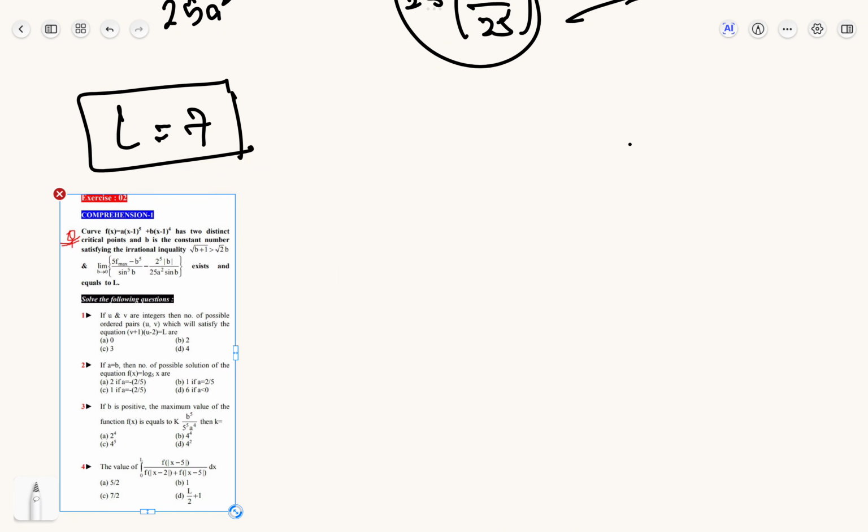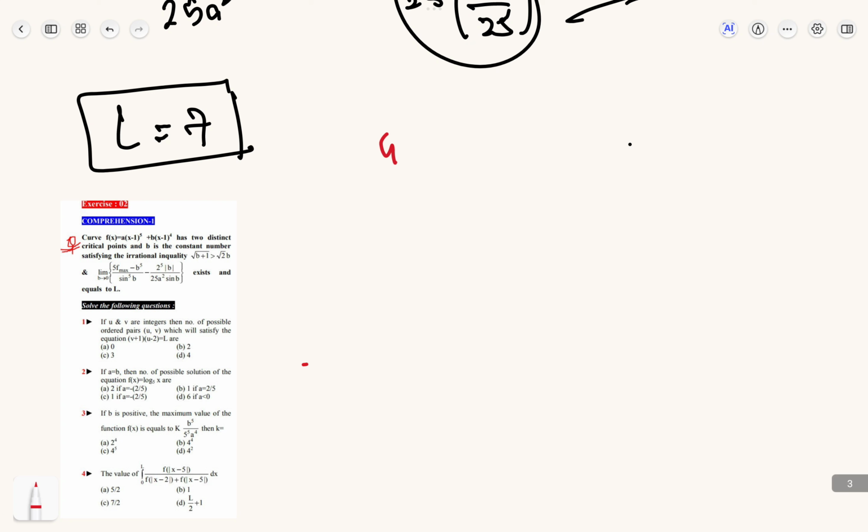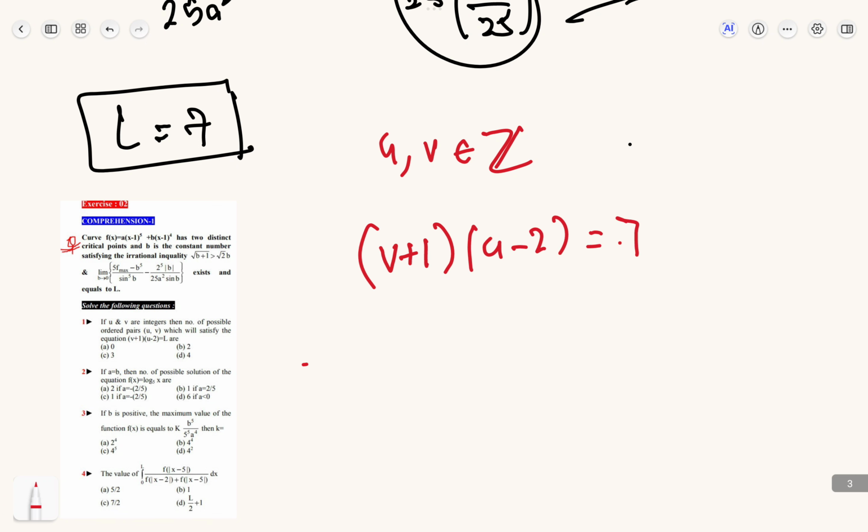So the first part asks me that u and v are integers, then the number of possible ordered pairs (u, v) which will satisfy the equation. Okay, v plus 1 times u minus 2 is equal to 7, right?